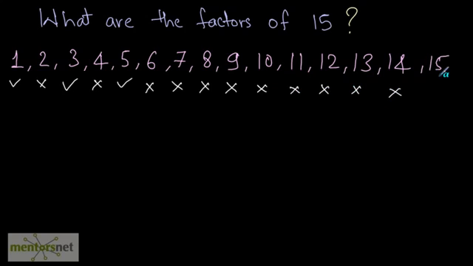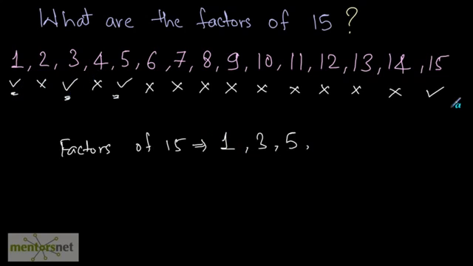And 15 can divide itself. A number can divide itself. So the factors of 15 are the numbers 1, 3, 5 and 15.